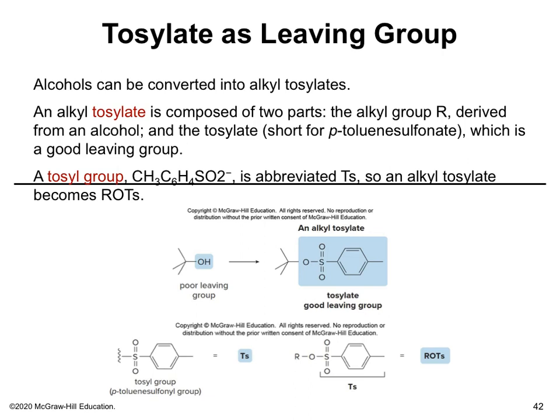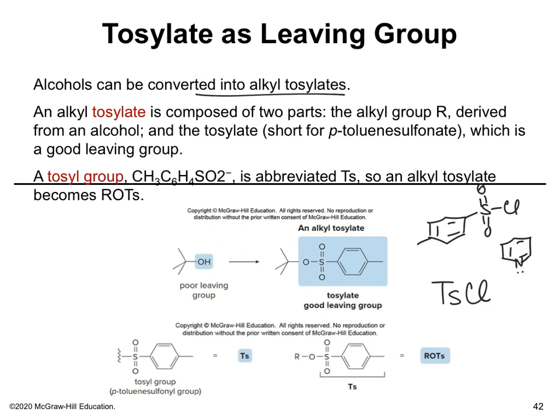And so you can convert alcohols into a tosylate, which we've seen before. How do you do that? You use tosyl chloride. You can see it like that. That is your tosylate here, and that's tosyl chloride. You can react that with pyridine, and it's a way to make a tosylate, so you can convert the OH to a tosylate.